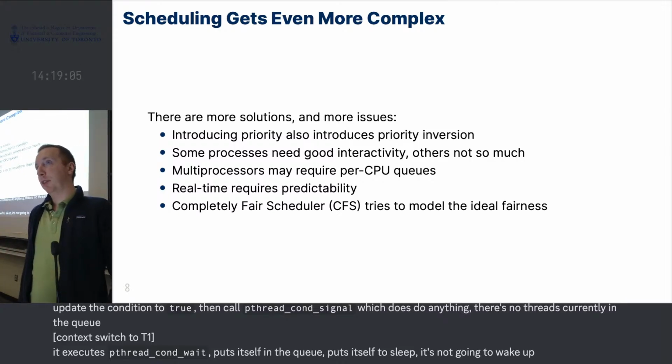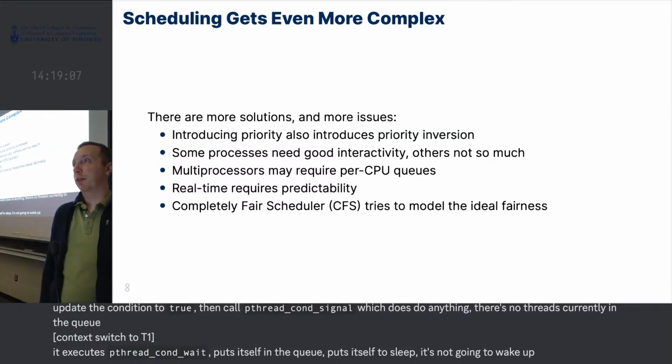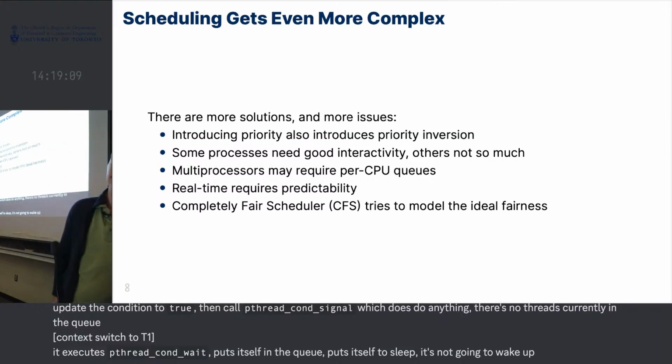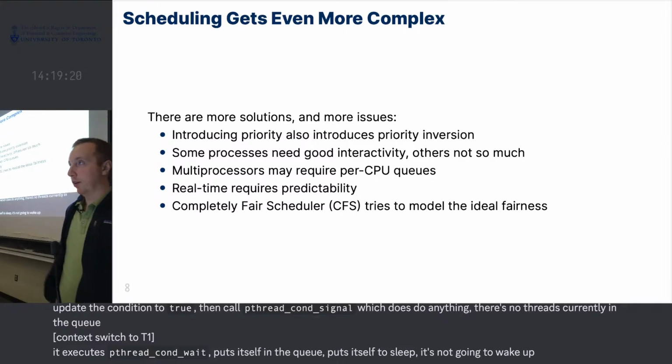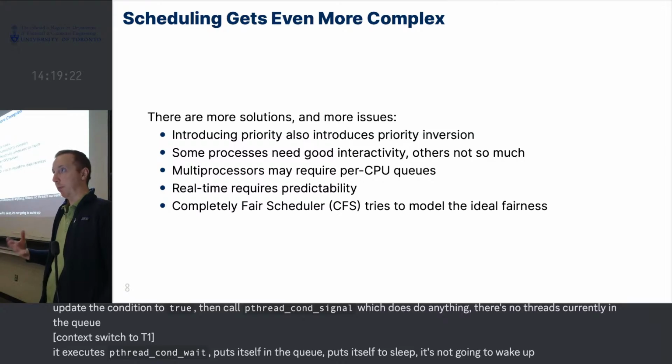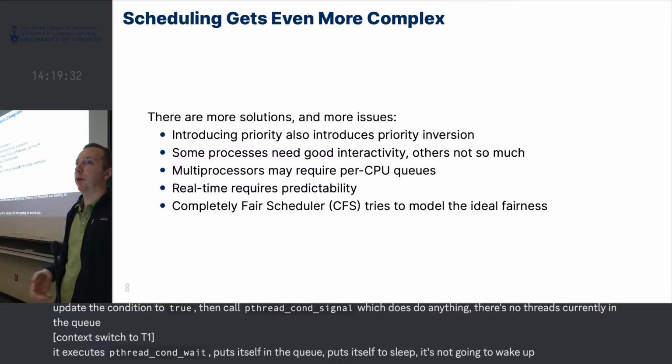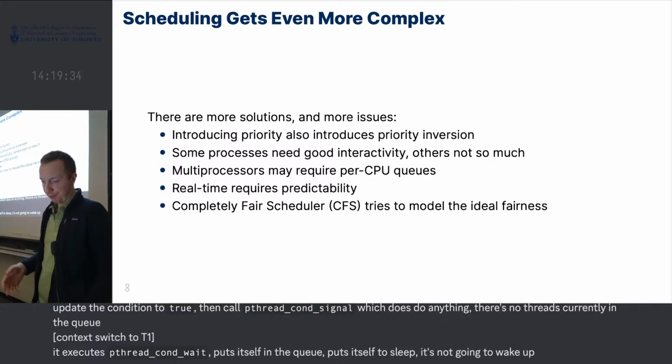There are also different types of processes in scheduling, and they are not all treated the same, and you might have different trade-offs or desires when you are scheduling one process versus another. If you're interacting with it like it's part of a user interface, you might want it to be really responsive. If it's just some computation like a machine learning task, you might not really care how responsive it is, you just want it to complete as quick as possible.